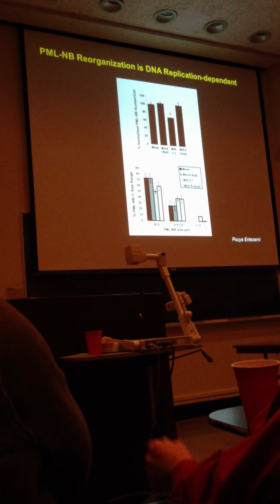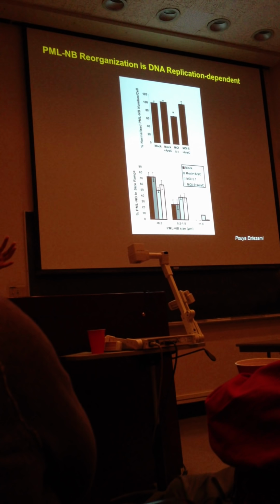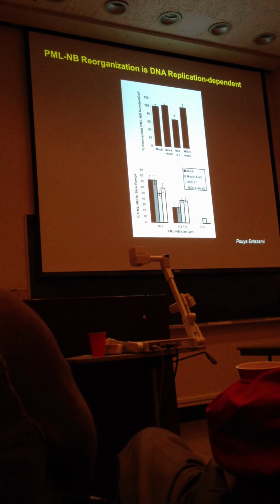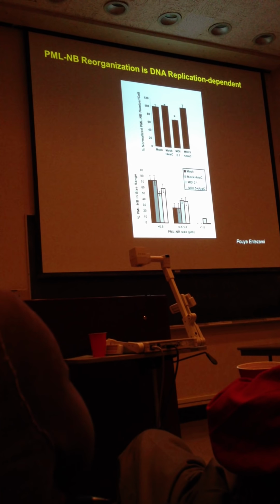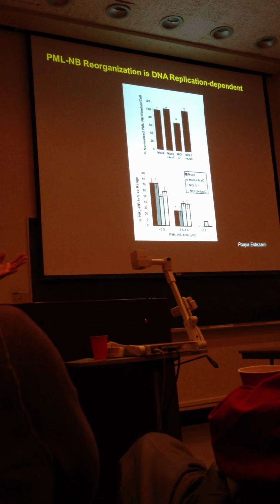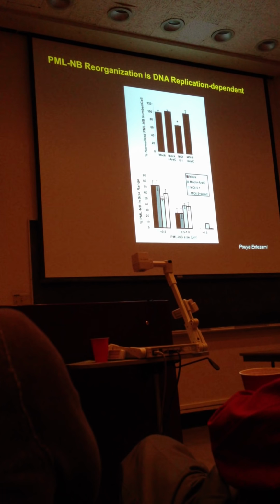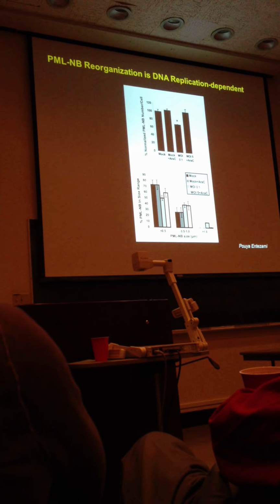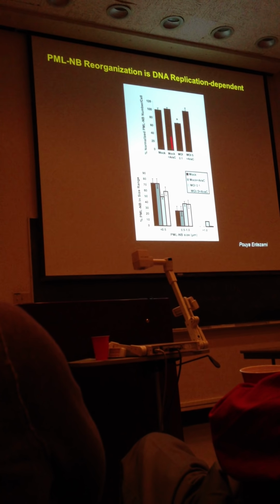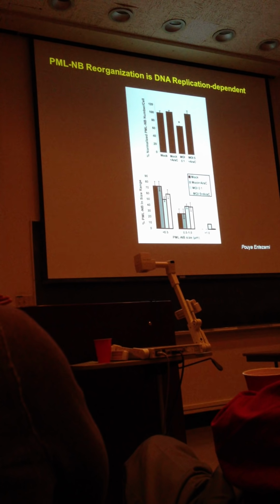In order to address the second possibility, which is that viral DNA replication is somehow coupled to the reorganization of PML nuclear bodies, we used a drug called Ara-C to block viral replication and assessed the effect of that block on the morphology of PML bodies. First, you can see that in mock infected cells, whether Ara-C is present or not, there's really not much difference in the average number of PML bodies per cell or the size distribution of PML bodies.